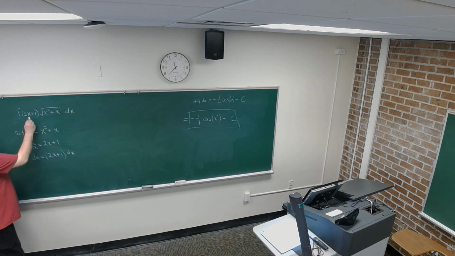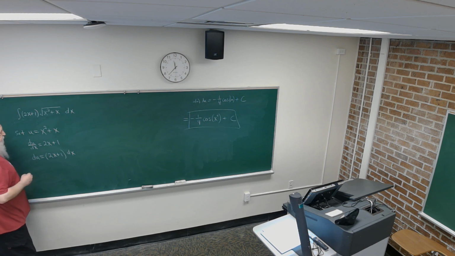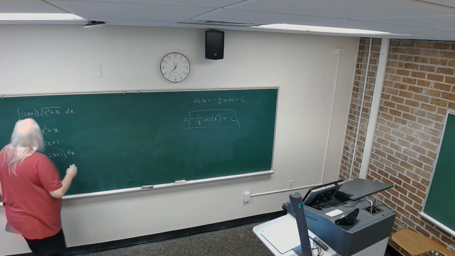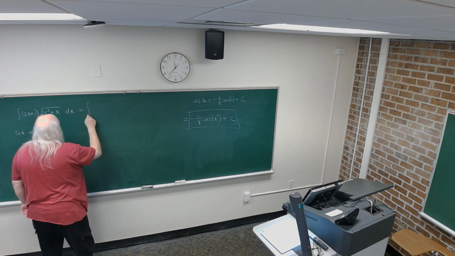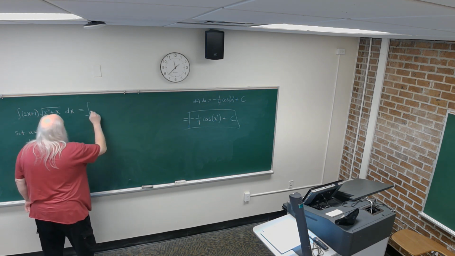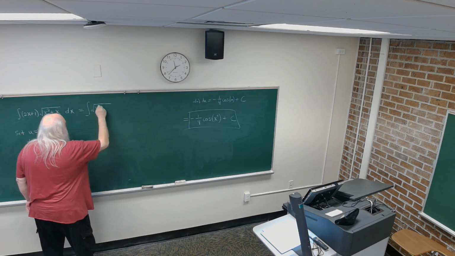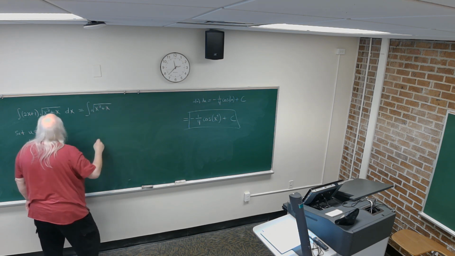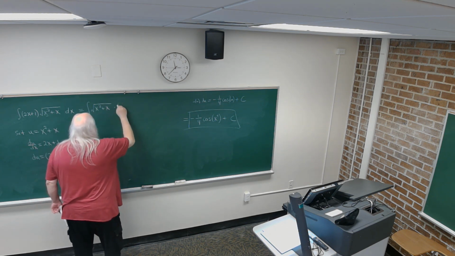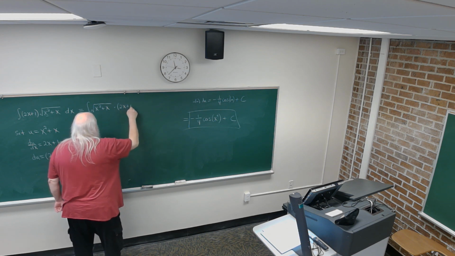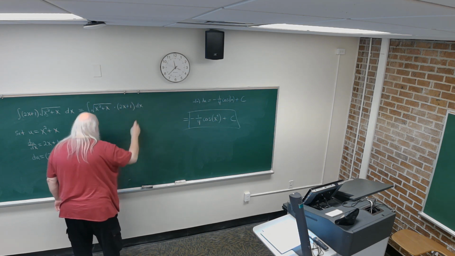So 2x plus 1 dx is equal to du, and x squared plus x is equal to u. So we have the square root of x squared plus x times 2x plus 1 dx.